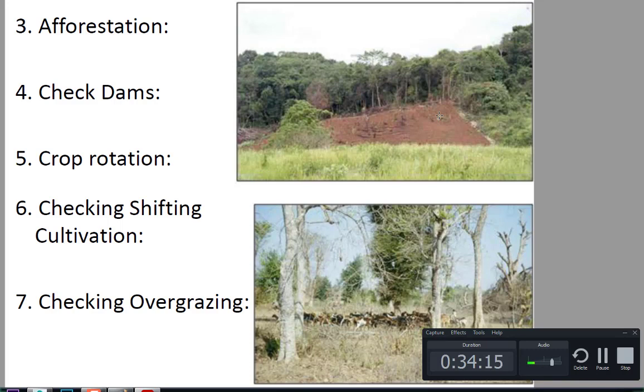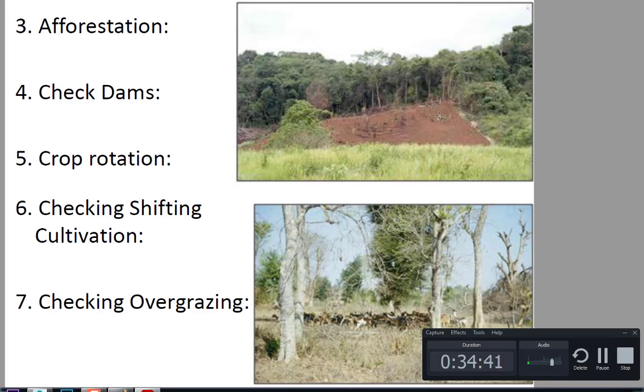But if we make them aware and if we provide some other facilities to such people, they can stop their shifting cultivation procedure, and this is also helpful for the soil conservation, as well as for checking the overgrazing. The overgrazing is conducted by the van gujjars also. So it is suggested to reduce it.